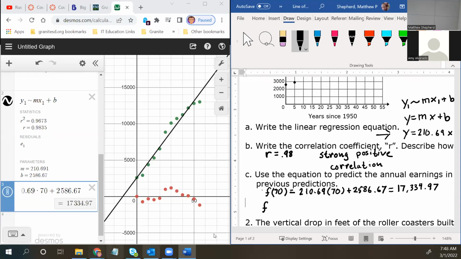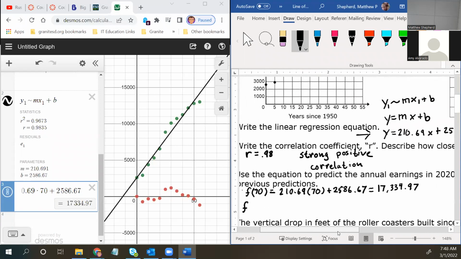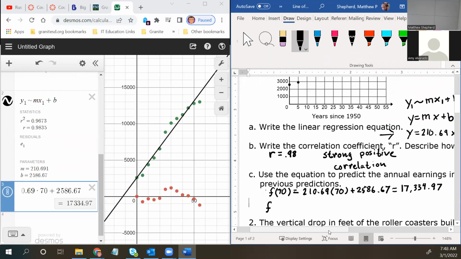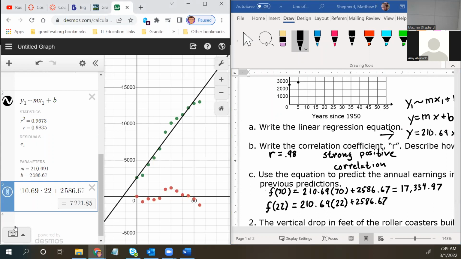Next one they wanted us to check was 1972. So that would be 22 years after 1950. Same thing: I take that equation that we found in step 1 and replace the x with a 22. Because I've already written this all out in Desmos, I'm just going to change the 70 to 22.